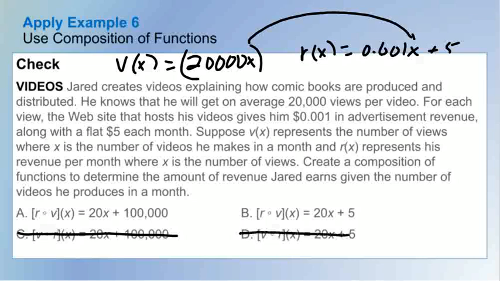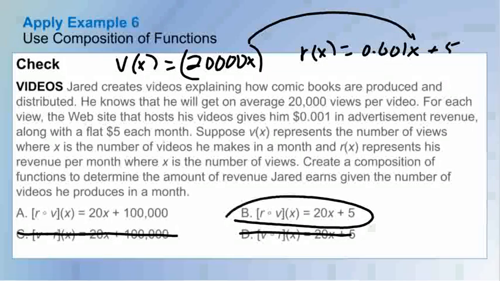And the two choices that we have left would be A and B. The correct one would be letter B, because if I put 20,000x in for x, I would have 0.001 times 20,000 is 20x, and then I have plus 5.